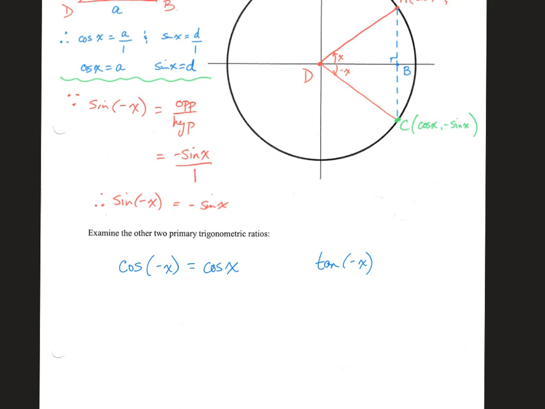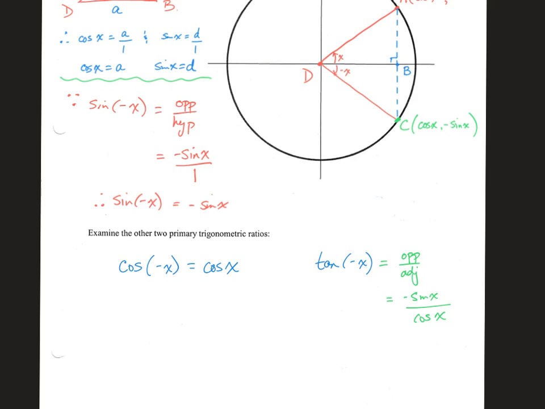And if I was to work my way through my tan of negative x, well, maybe I go back a little bit again and say, well, I know that tan of negative x would be an opposite over adjacent. So then that means that I would have a negative sine x as my opposite, and my adjacent would be cos x.